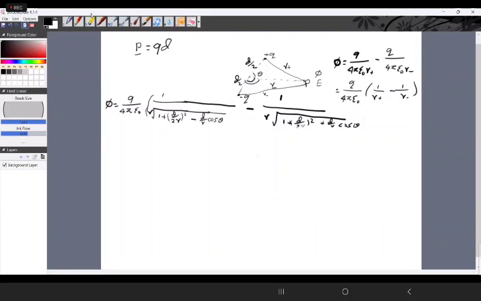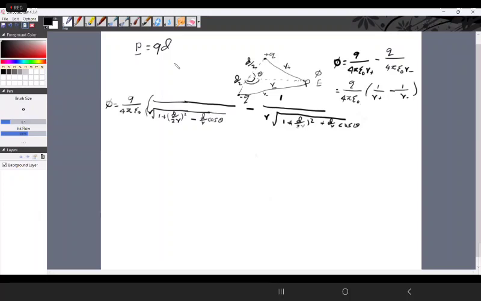Okay, so now we know that this is the potential, but it's a very complicated formula here. We have a lot of notations, r, d, and we don't know the exact value of the parameters. So we are going to use some mathematical formulas to simplify them.